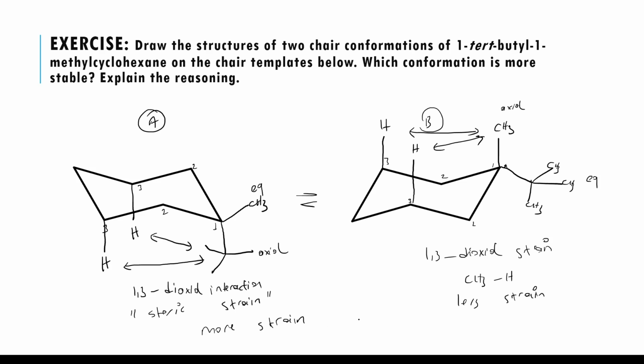So basically, the bulky effect of tert-butyl group. If we have less strain, it means that the molecule is more stable. So let's write this one. This will be more stable, and the other one has more strain and it is less stable.